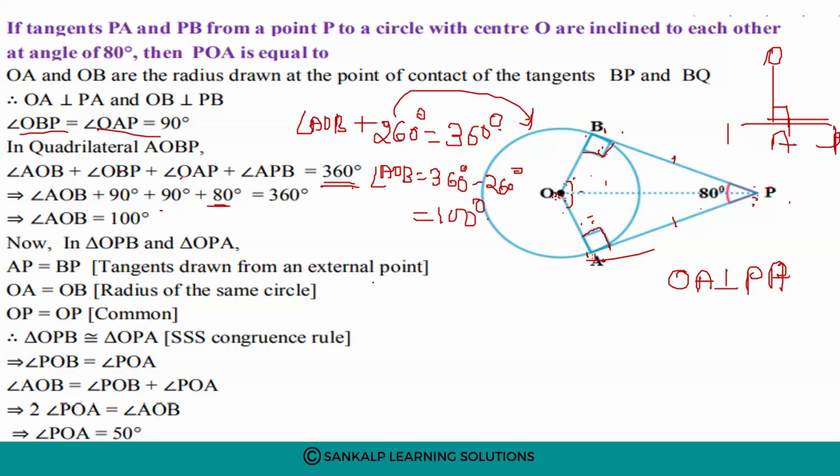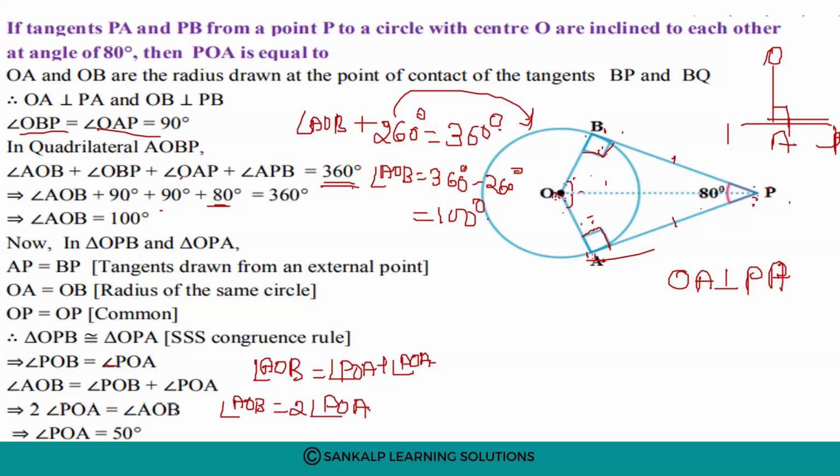Since POB is equal to POA, angle AOB is POA plus POA, so 2 times POA. So angle AOB is equal to 2 times angle POA.